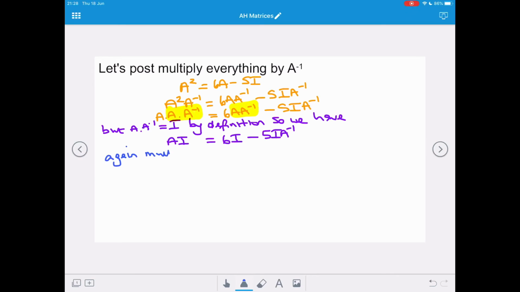Now the other thing that we know is that if we multiply by I, then it doesn't change the original matrix. So we can state here that, again, multiplying by the identity matrix does not change the original matrix.